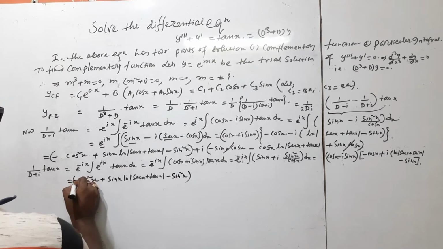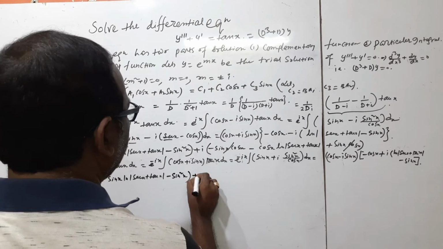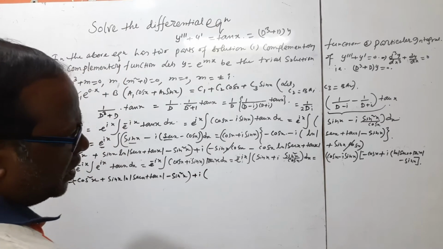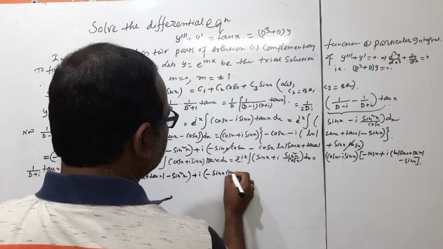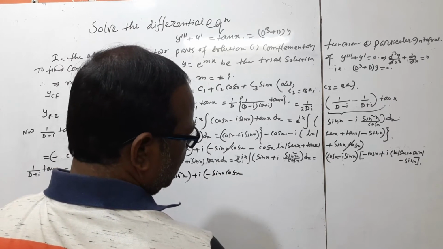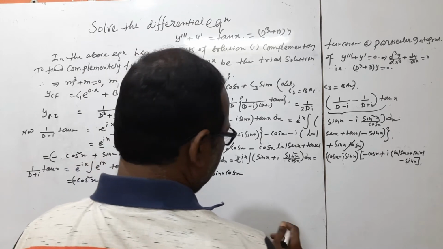Cos into cos, this is minus cos square, sorry, real part is minus cos square, and this is minus sin square, this is the real part. And the imaginary part is here, this into this is sin x into cos x, only imaginary part.